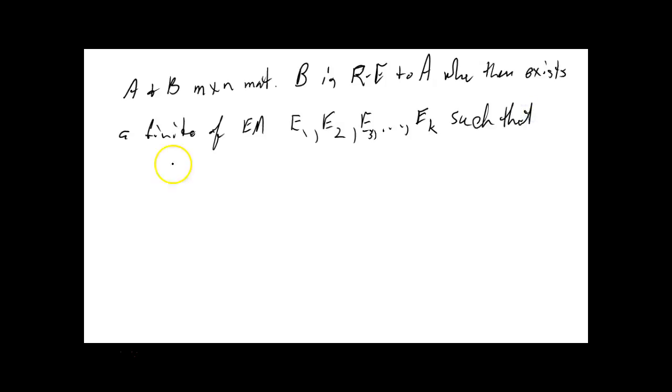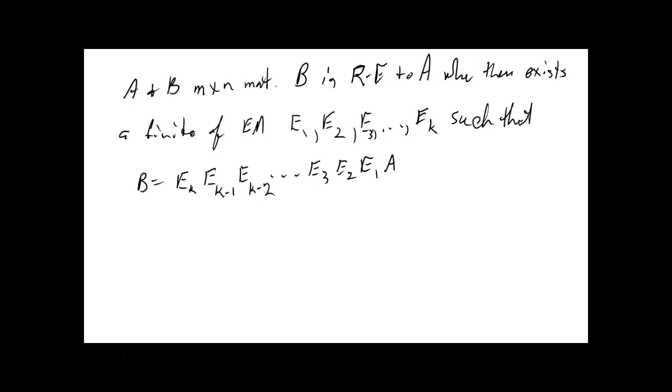okay, B is equal to EK times EK minus 1 times EK minus 2 ... times E3 times E2 times E1 times A. Okay? You just put them in reversed order.